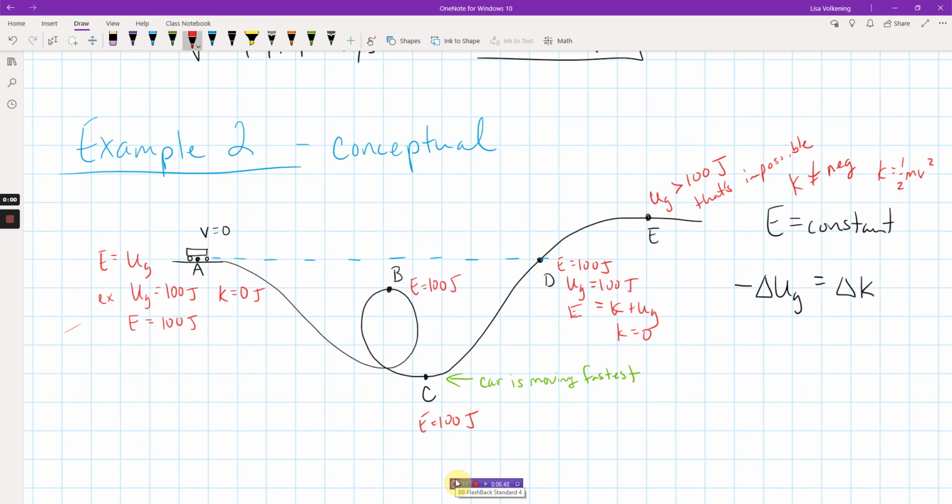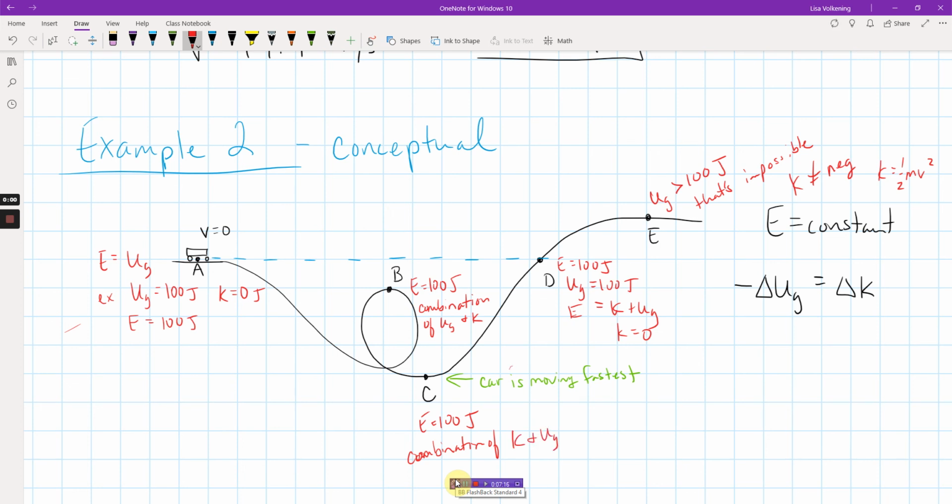These other points, if you could find either the potential energy or the kinetic, you could find the other one, because you have combinations of potential and kinetic. But without numbers, I can't get them exactly.